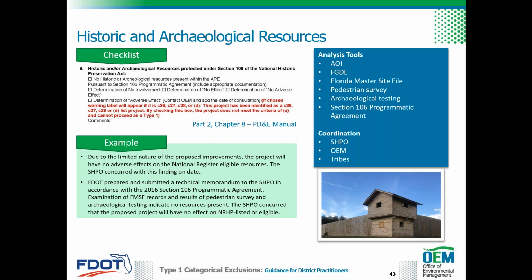Now, the process for compliance with Section 106 and also Chapter 267 of the Florida Statutes is also implemented through a programmatic agreement. And this agreement is among the Federal Highway Administration, the Advisory Council on Historic Preservation, the Florida Division of Historical Resources State Historic Preservation Officer, and the FDOT regarding implementation of the Federal Aid Highway Program in Florida. The Section 106 programmatic agreement may apply to a lot of different Type 1 CEs.